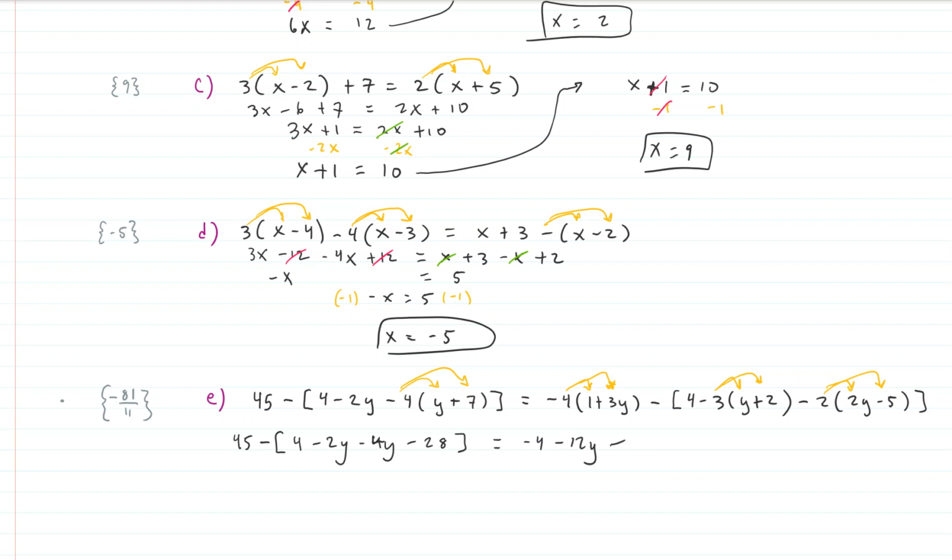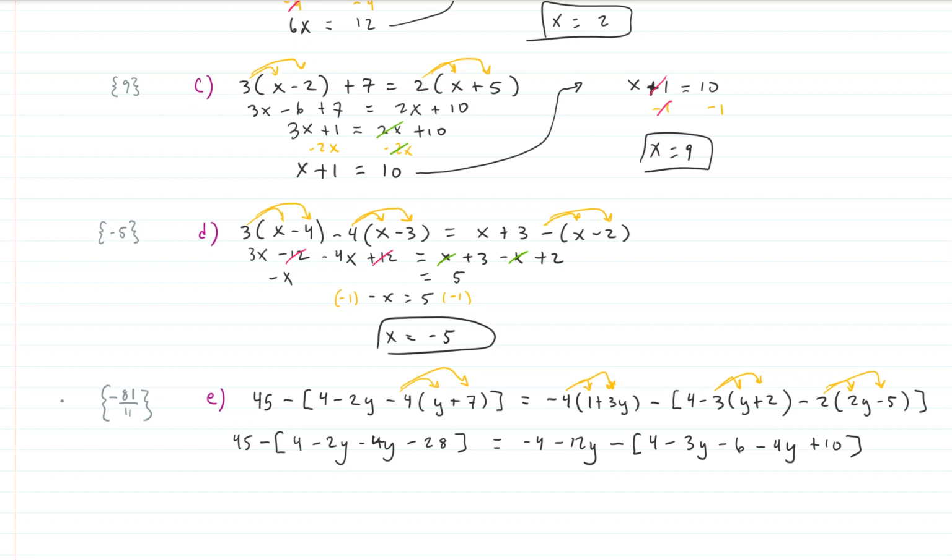And we have a minus, a pretty big minus there, and we have a bracket 4, and then negative 3 and y give us negative 3y. Negative 3 and 2 give us negative 6. Now we'll multiply the negative 2 through. So we have negative 2 and 2y, which is negative 4y. Negative 2 and negative 5, which is positive 10. And then we end the bracket.